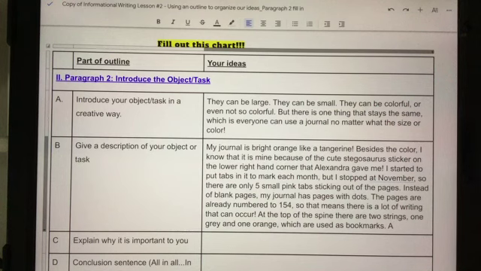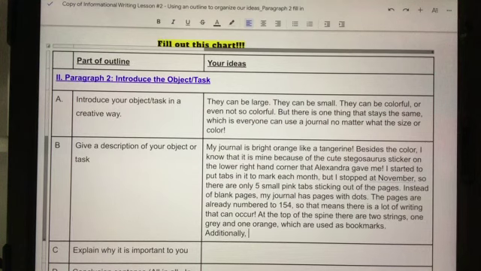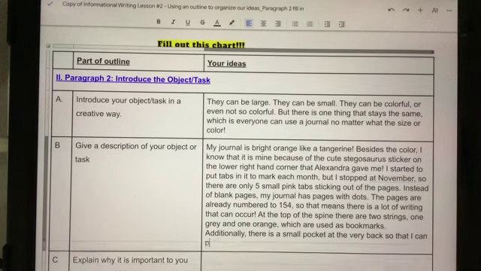Additionally, this is my last sentence. The last thing I want to say about my journal is, there's this cute surprise pocket in the back. So, additionally, comma, there is a small pocket at the very back so that I can put any loose papers in my journal safely.